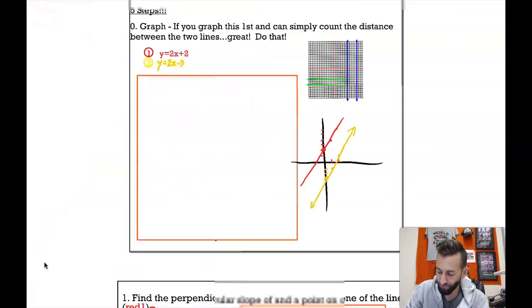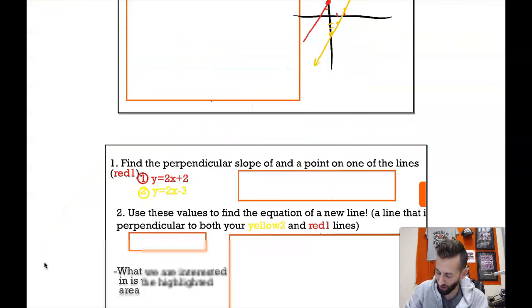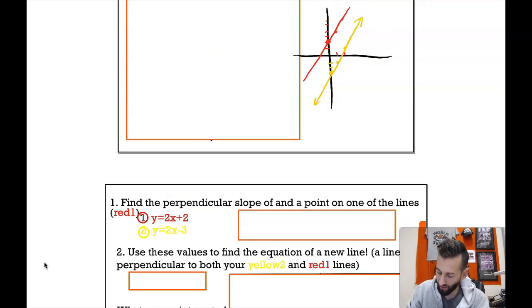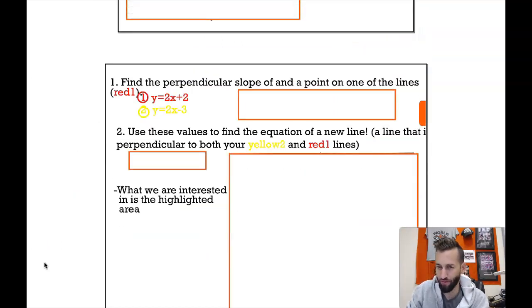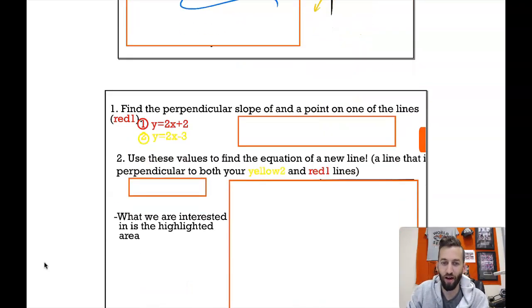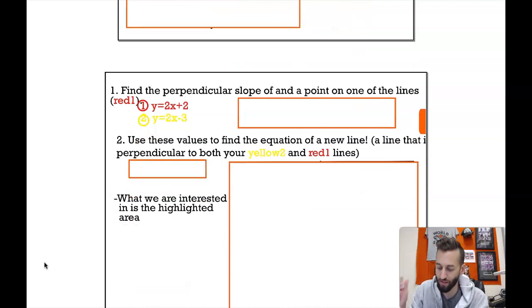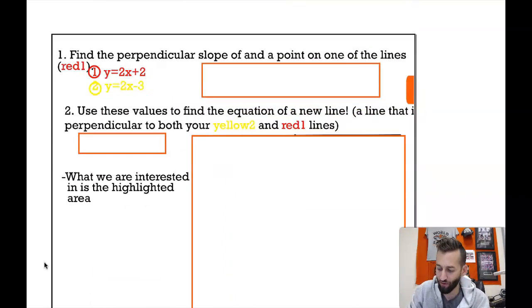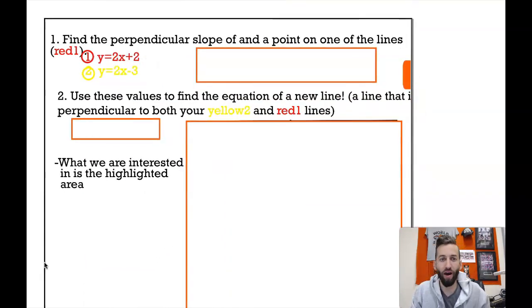So here's our 5 steps, okay? I'm going to go through them this way. You can write them all here. I'm not going to do that. I'm going to show you here, okay? So step number 1, they're already listed out for you. Find the perpendicular slope of a point on one of the lines.